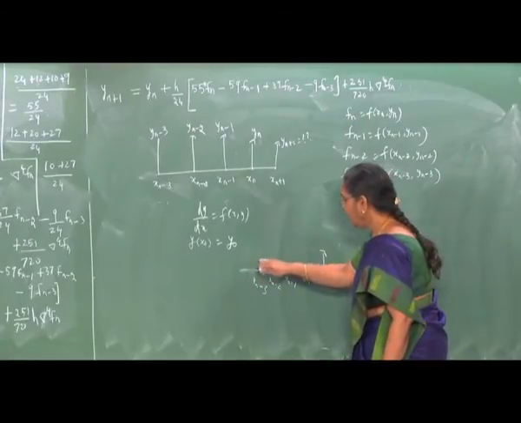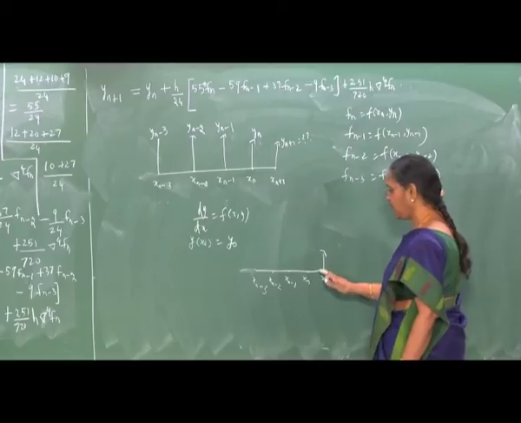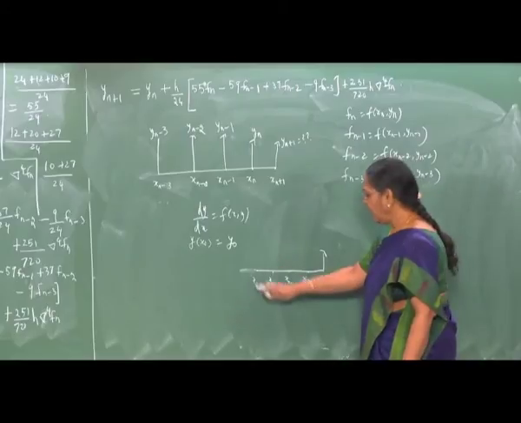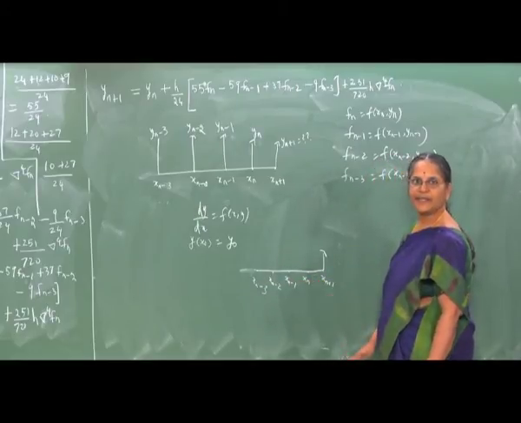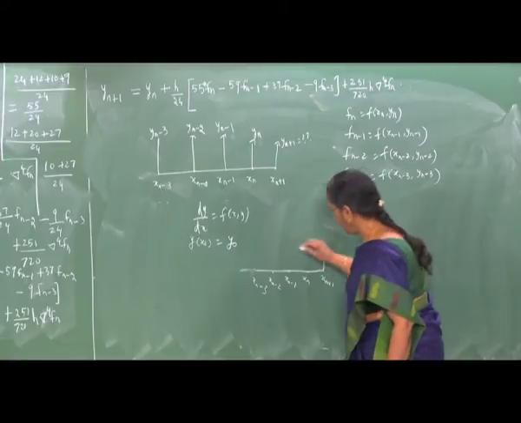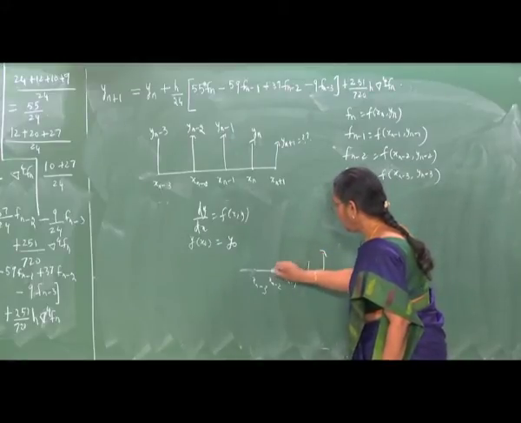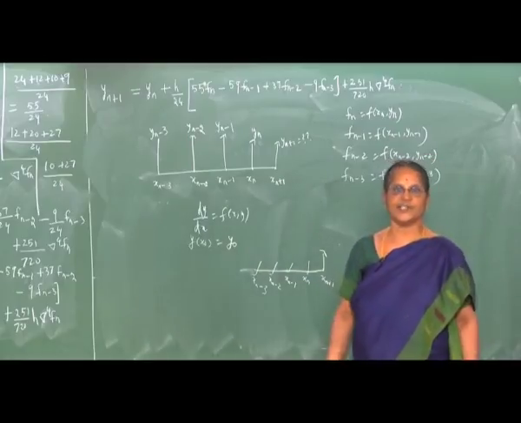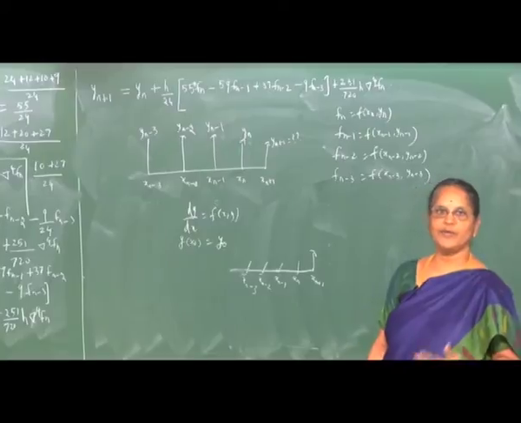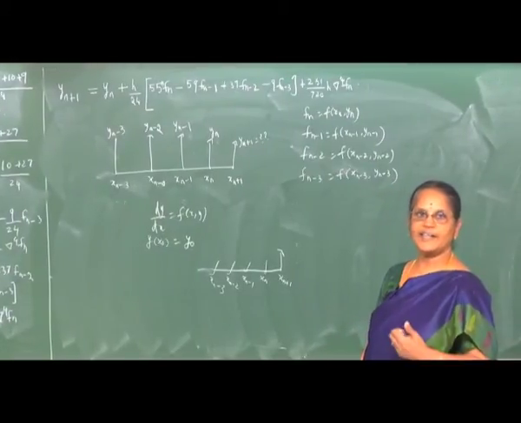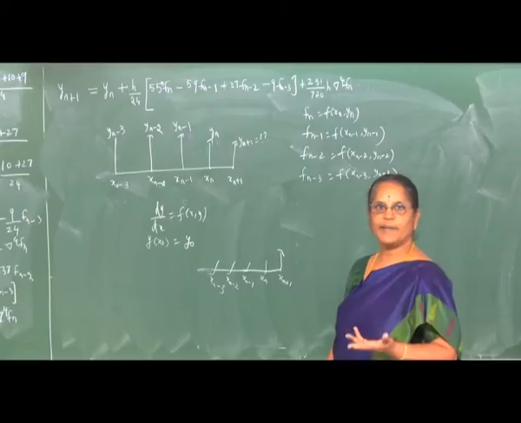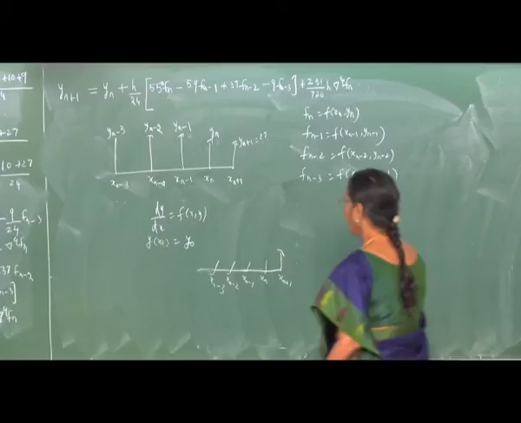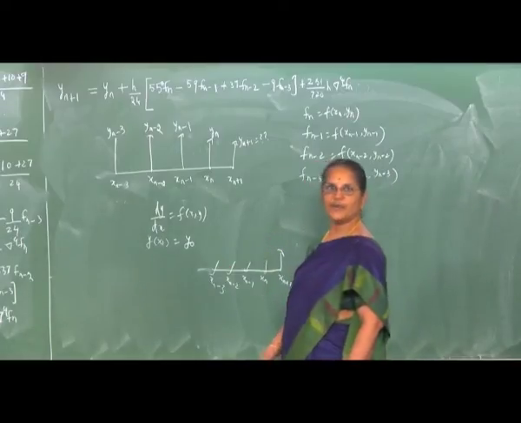Divide the interval x naught to xn plus 1 into 4 equal parts and name those points as xi, and then try to obtain the solution at other 3 points using single step methods which you have already learnt. Namely, you can use Euler's method or Taylor series method or Runge-Kutta method of order 2 or order 4 and compute the solution at the points at which you require the information.